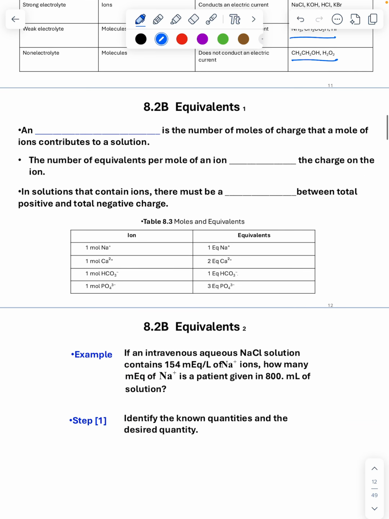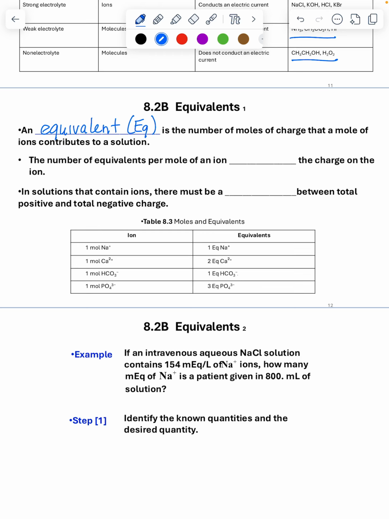The next term we want to look at is equivalent. And so an equivalent is a term that you will see, often abbreviated capital E, lowercase q. An equivalent is the number of moles of charge that a mole of ions contributes to a solution. The number of moles of charge.